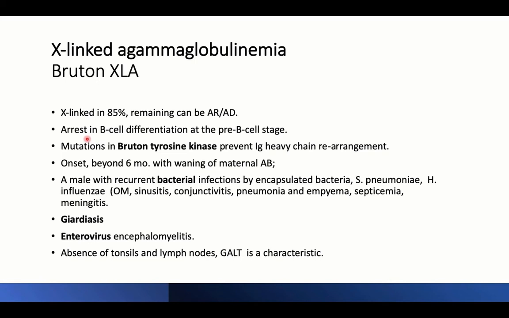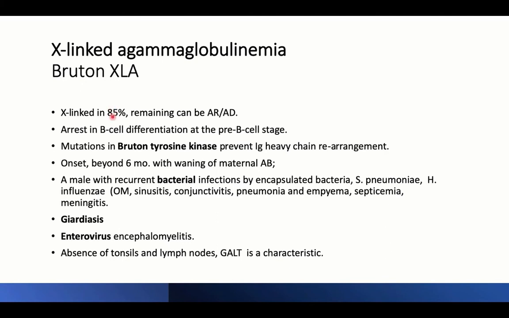Agammaglobulinemia is caused by arrest in B cell differentiation at an early stage, at the pre-B cell stage in the bone marrow. So it will result in deficiency of B lymphocyte number and subsequently all classes of antibody or immunoglobulins.